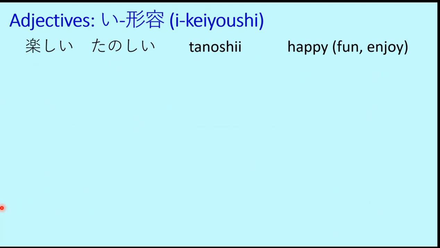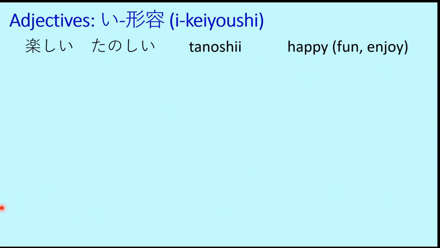Next is the category of happiness, sadness and all. Tanoshi. Tanoshi means happy and it is more indicative towards something related to fun and enjoyment. So if someone is happy because of some fun he is getting or some enjoyment he is getting, then the word to express that will be tanoshi.